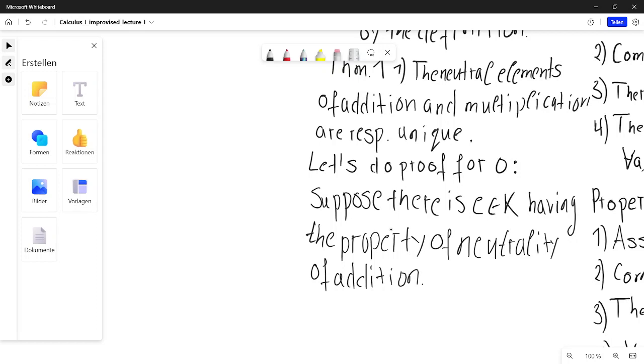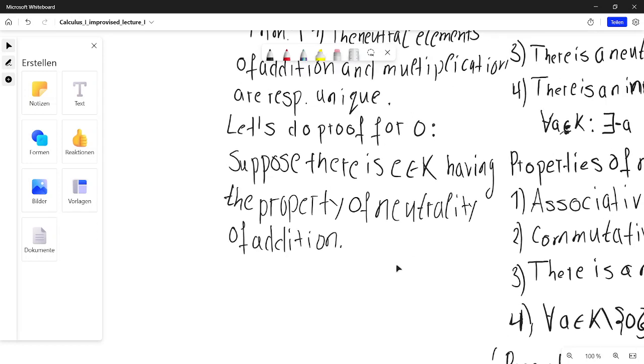We don't know. But we would now show that it is in any case zero, that what we have chosen must have been already zero if that thing has the property of neutrality of addition. And this then shows uniqueness for zero.